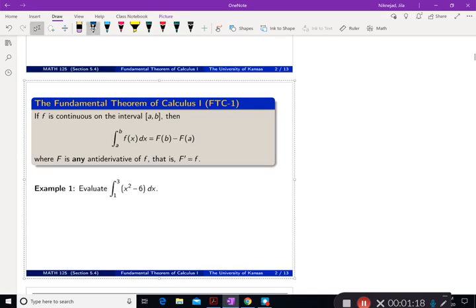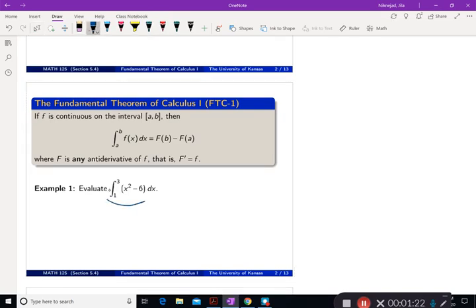Now let's relate this to the antiderivative: the definite integral from 1 to 3 of x squared minus 6 dx. How does this work? First, you take the antiderivative instead of approximating the area, then you plug in the limits.